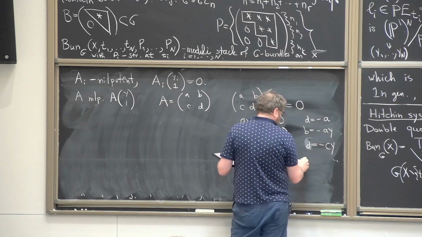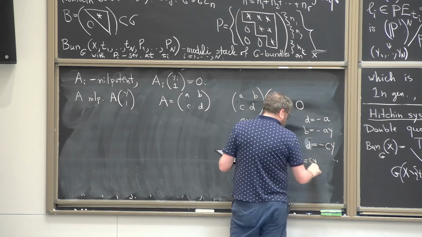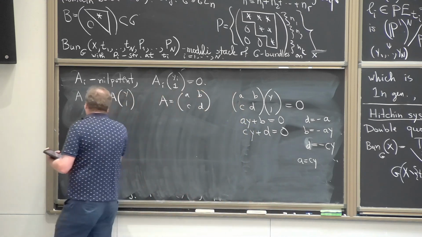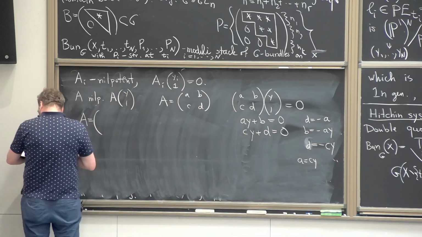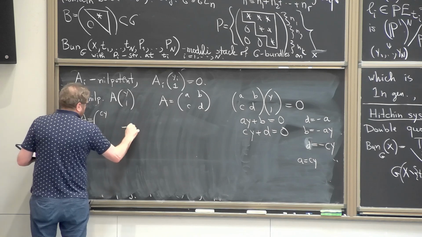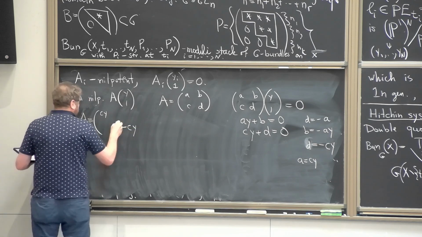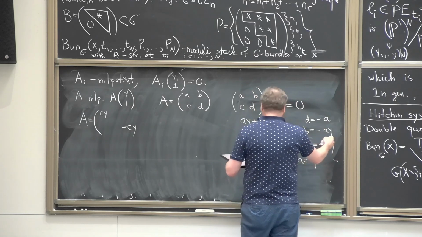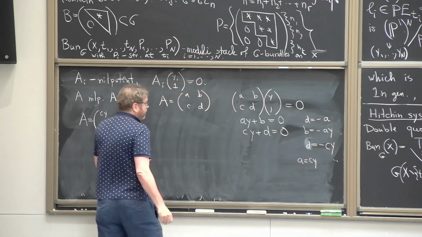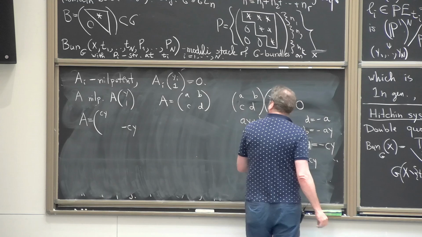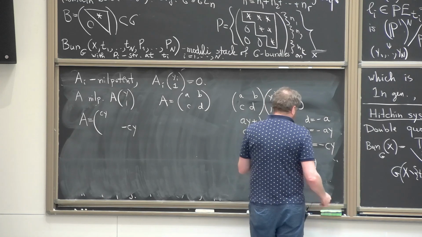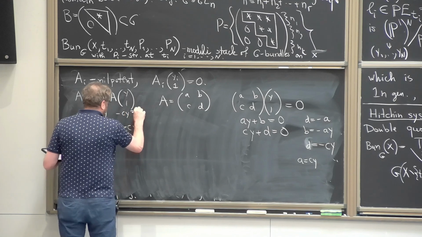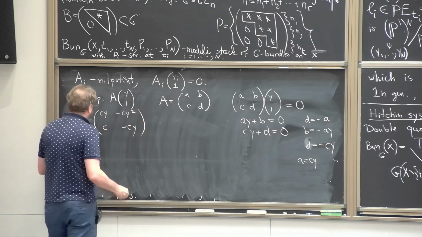So this means that A equals CY, and D equals minus CY. So we've got that A is CY, and then B is minus AY, but A is CY, so this is minus CY squared. And finally, this is just C.